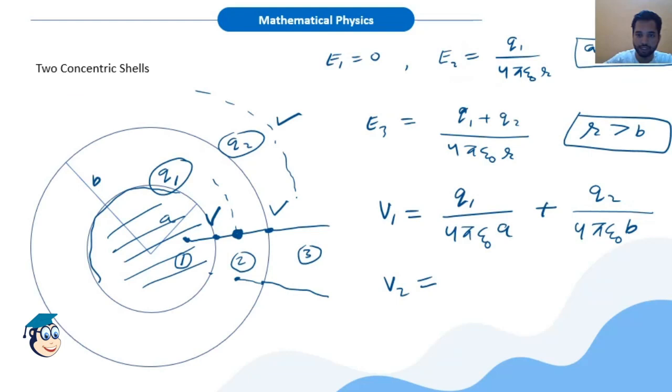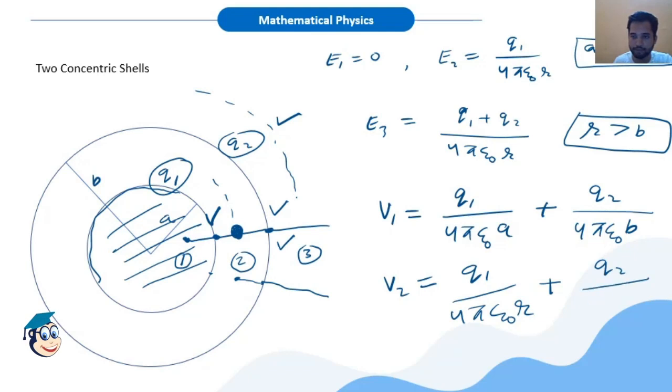So you can directly write Q1 divided by 4 pi epsilon naught r, plus, as this point is inside the outer sphere, the charge Q2. You can write Q2 divided by 4 pi epsilon naught b.